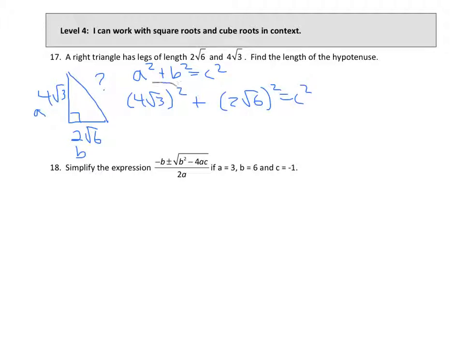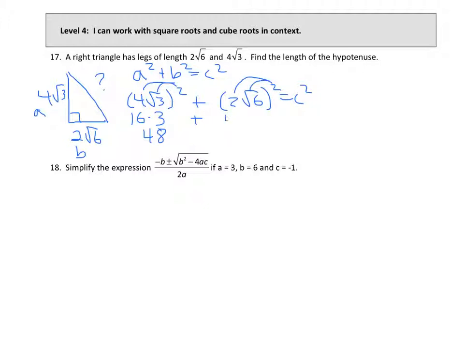Now when we square 4 radical 3, 4 squared is 16. The square root of 3 squared, the square and the square root cancel, we just get 3. And 16 times 3 is 48. And then for this one, we square both of these.